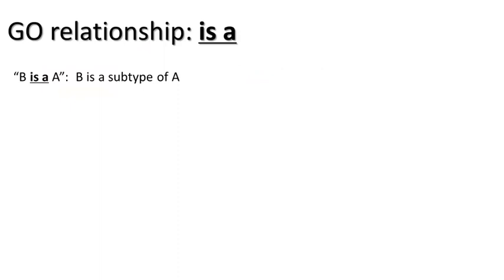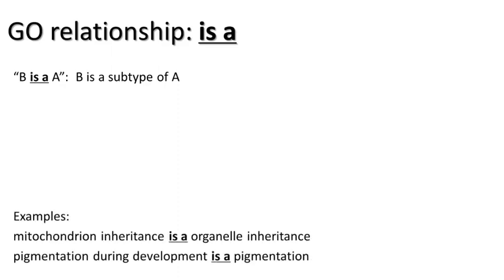The first relationship is is-a. B is-a A means B is a subtype of A. A is sometimes called a mother or parent node, and B is sometimes called a child node. For example, mitochondrial inheritance is an organelle inheritance.